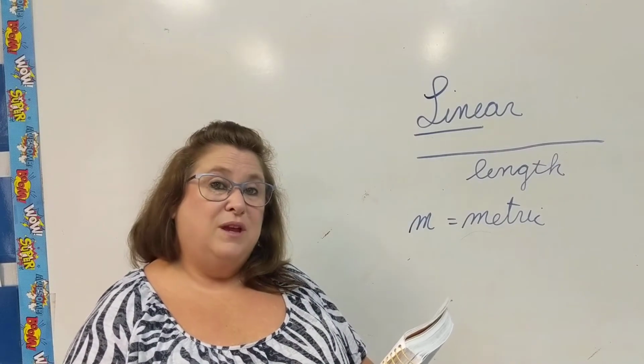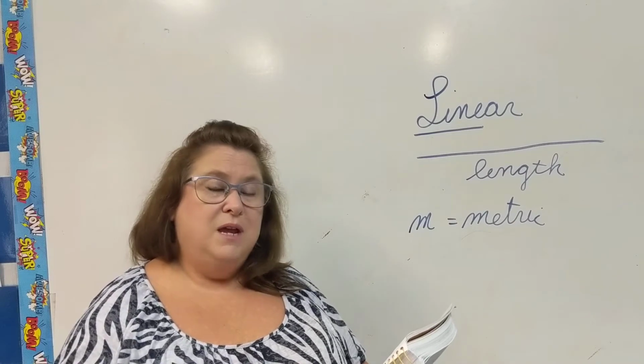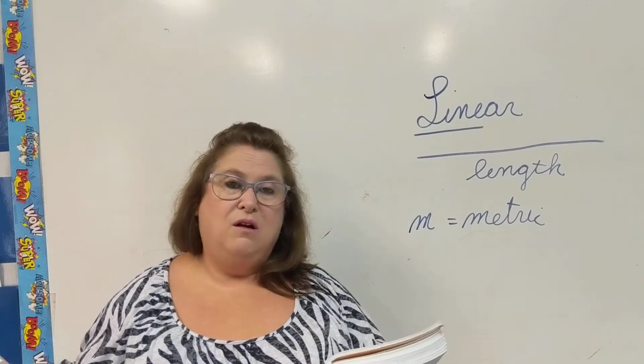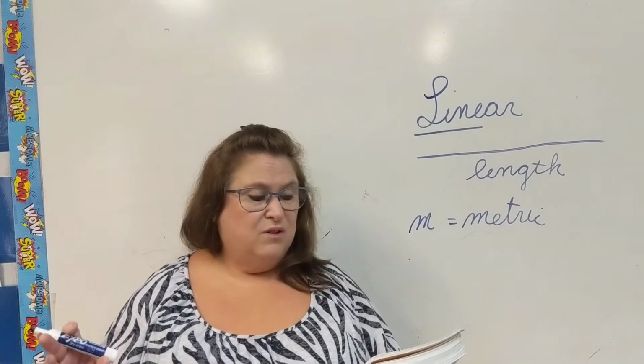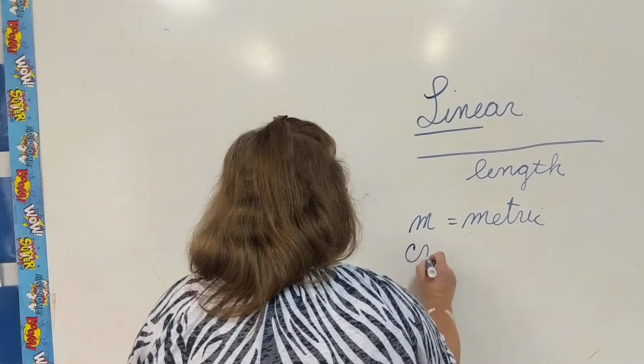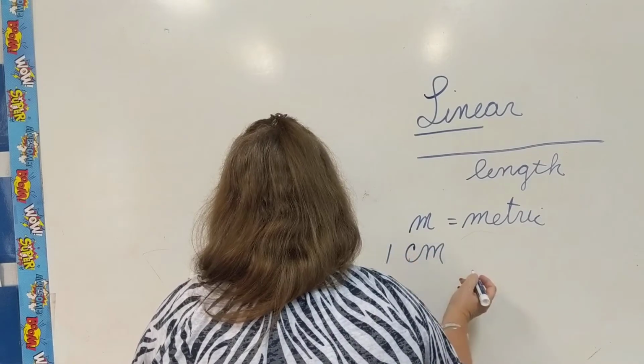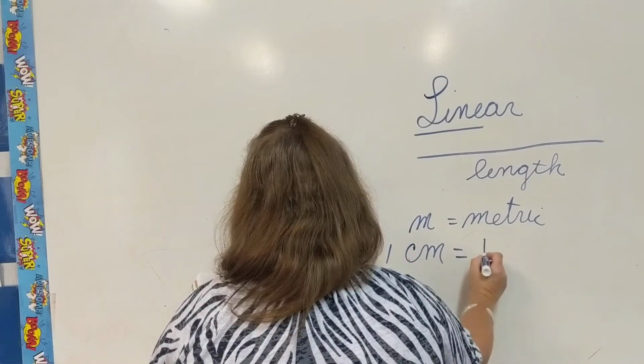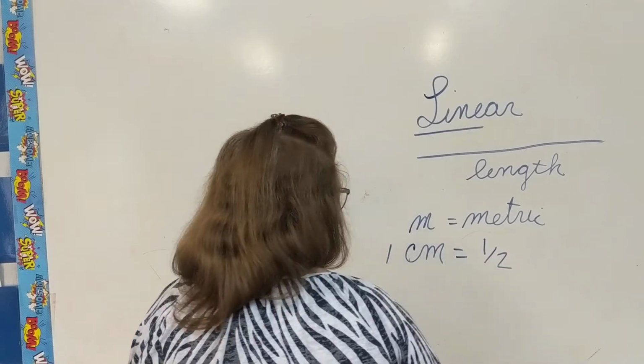But we know there's 3 feet in a yard. A meter stick is just a little bit longer than that yardstick that has 3 feet in it. Now 1 centimeter is less than about half an inch.